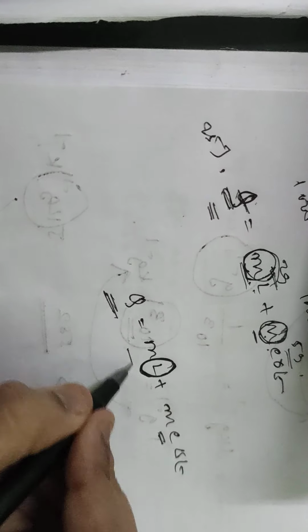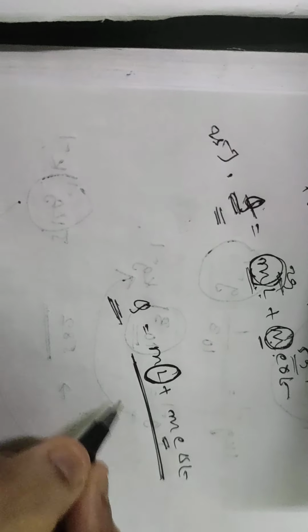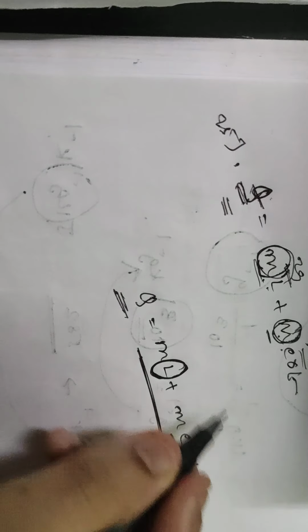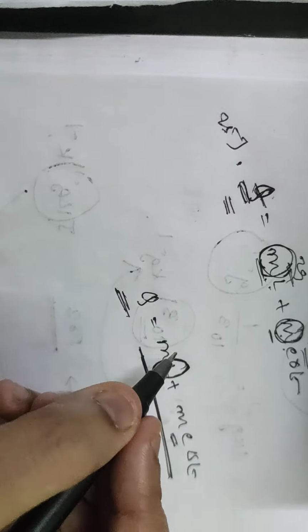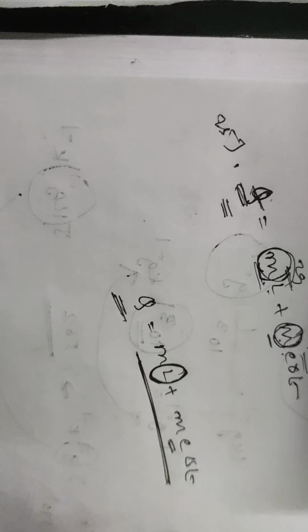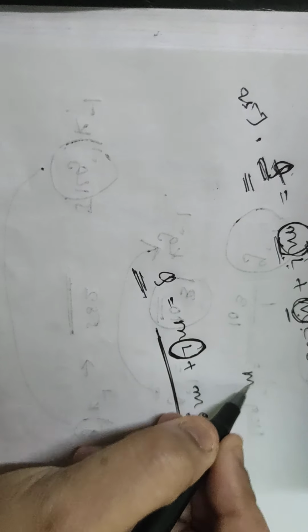Because in this case there is no scope of cancelling anything. You don't have the same type of physical quantities on this side, so that units will get cancelled. That is why. I hope you are understanding the difference between m1 c1 delta T equal to m2 c2 delta T and this one.